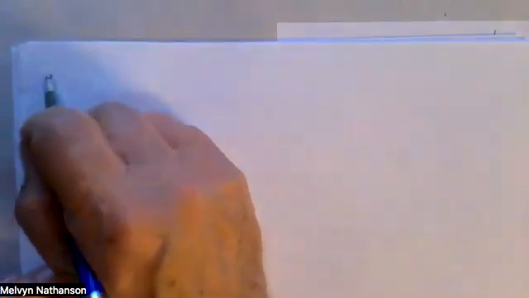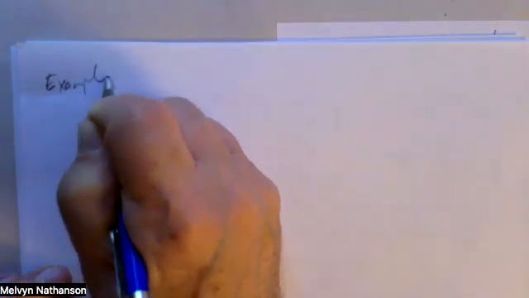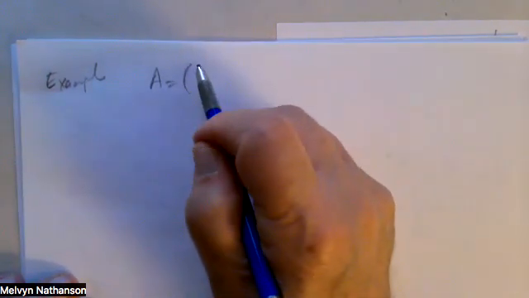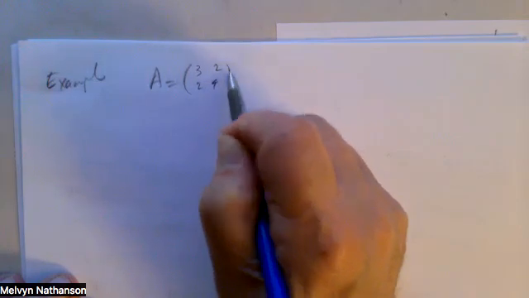So let's take an example. Suppose I let A be the 2 by 2 matrix 3, 2, 2, 4.